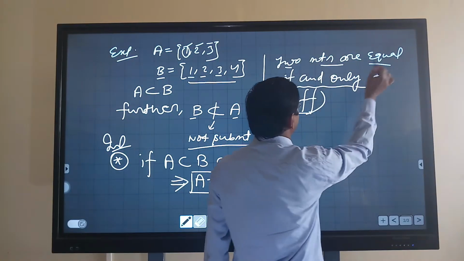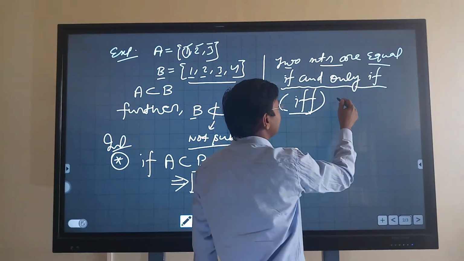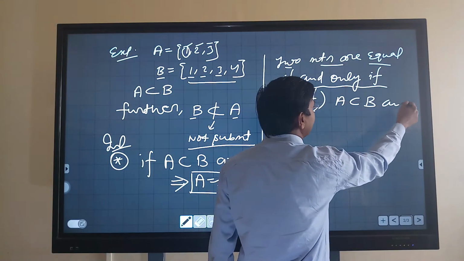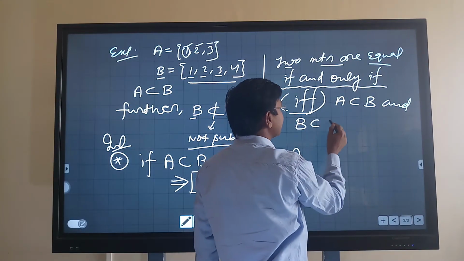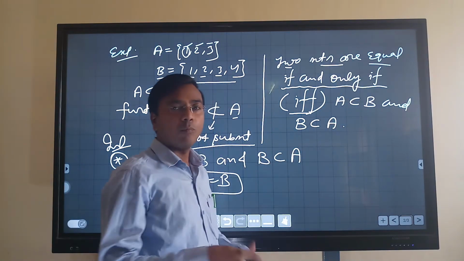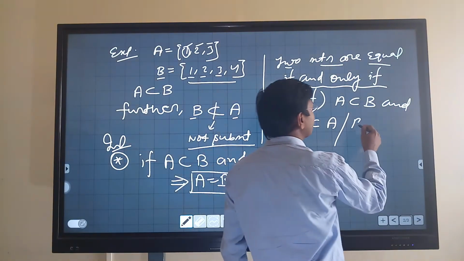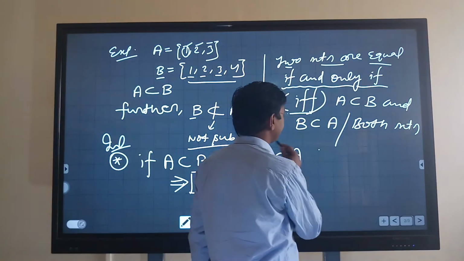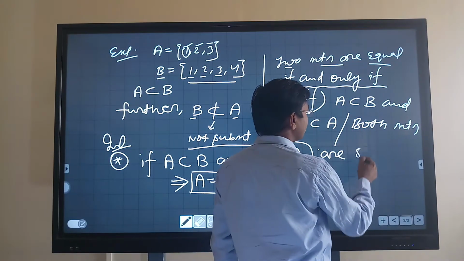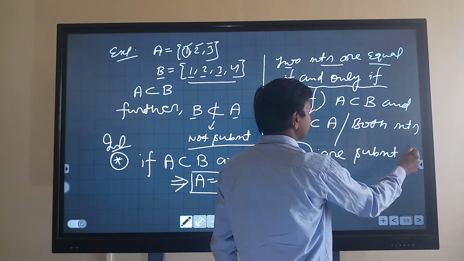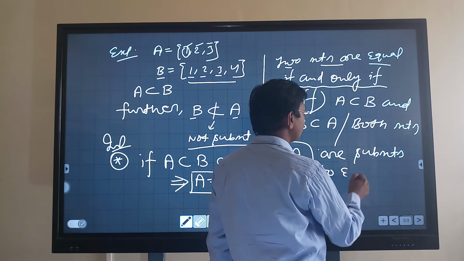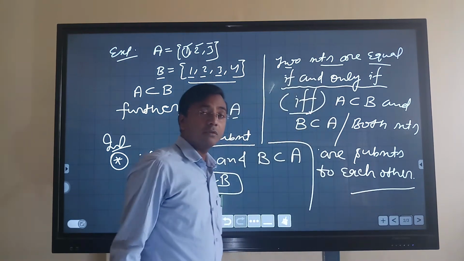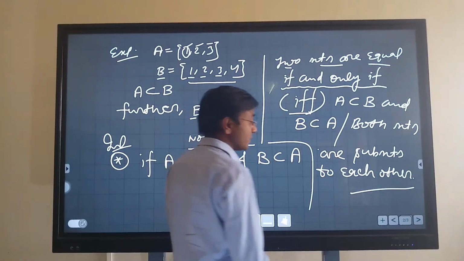So two sets are equal if and only if A is a subset of B and B is a subset of A, or you can say both sets are subsets of each other. Right, got it? So this is a very important concept, subset.